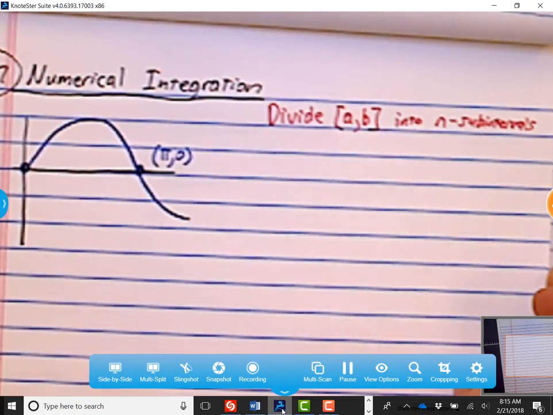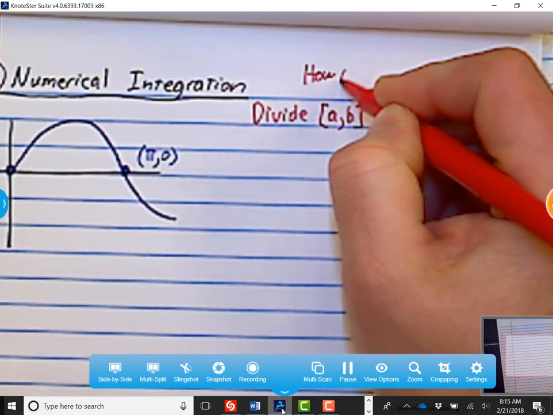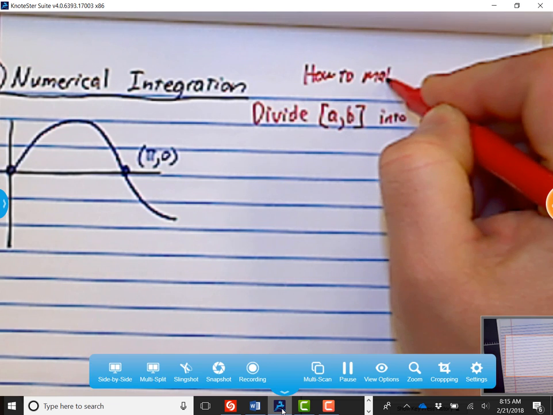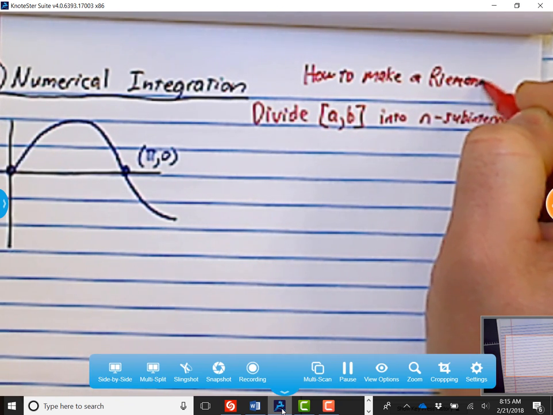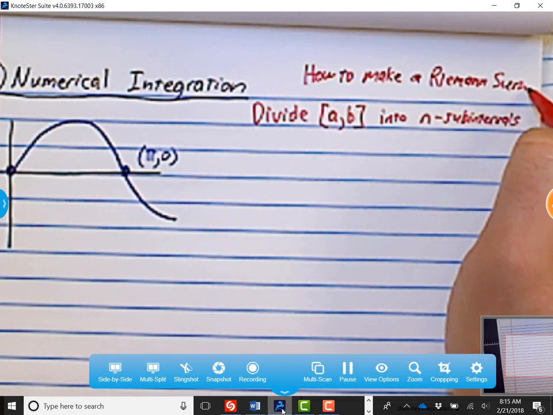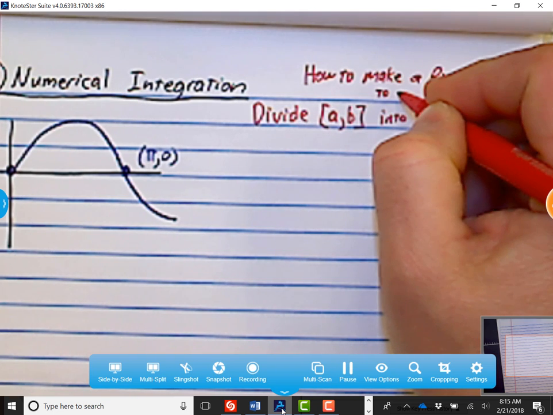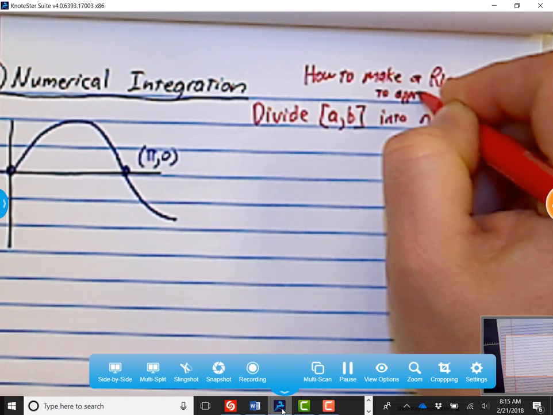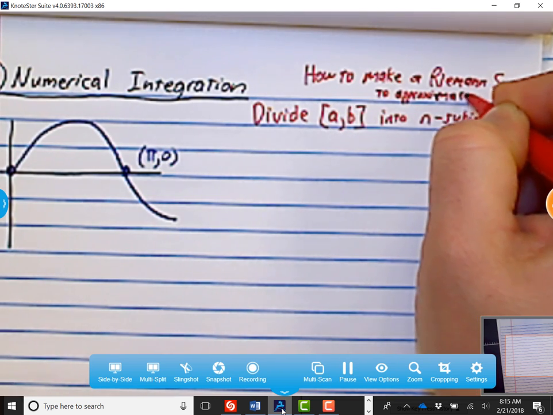And what am I really doing here? I guess I'm teaching the students how to make a Riemann sum to approximate area.